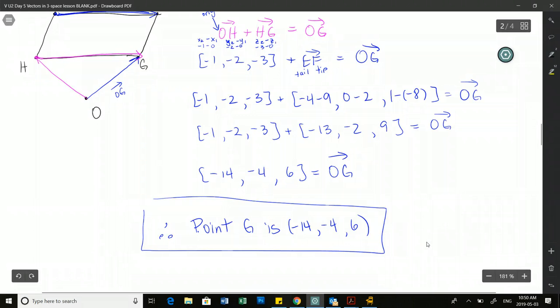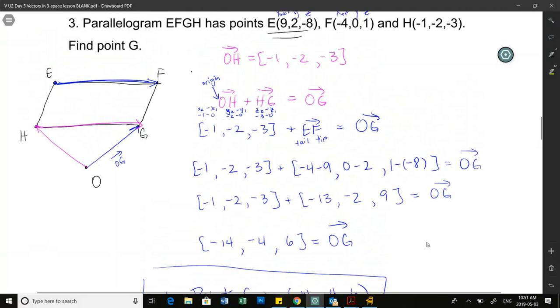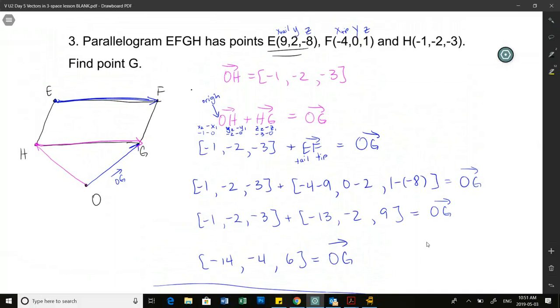Can I answer any questions before we move forward? Mark, go ahead. Like if it's a parallelogram, how could E be -8 and then F be like 1 and then H be -2? So remember, this is, well, it's not going to be twisted, because if it's twisted, then opposite sides aren't parallel.